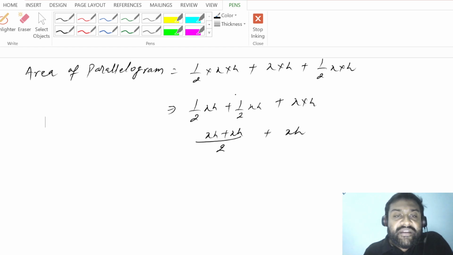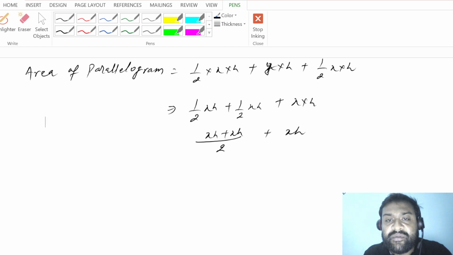Okay, I have made a mistake. This will be y into h. We have seen in the previous slide that in a rectangle y was the length, so this is y into h.